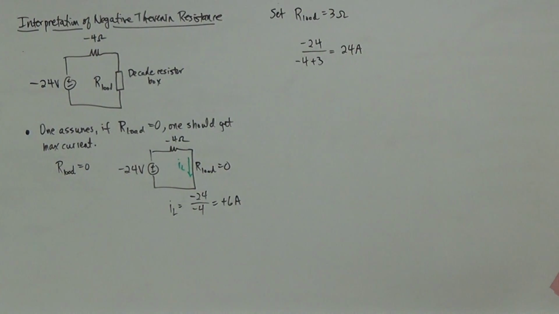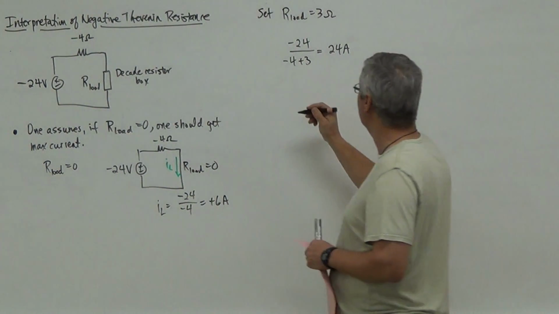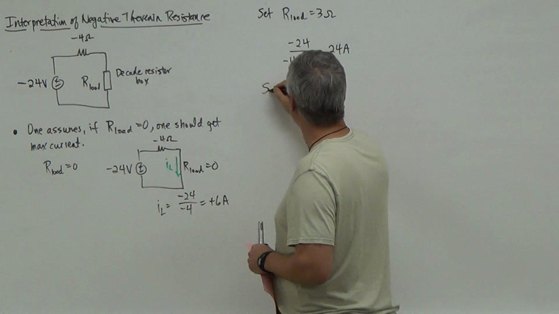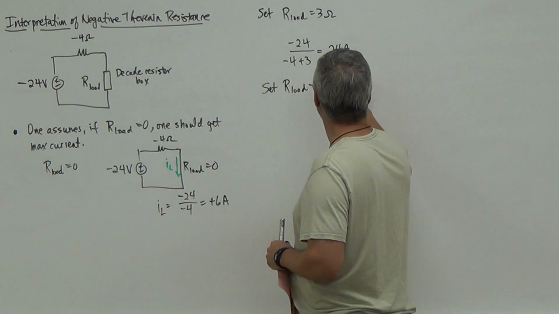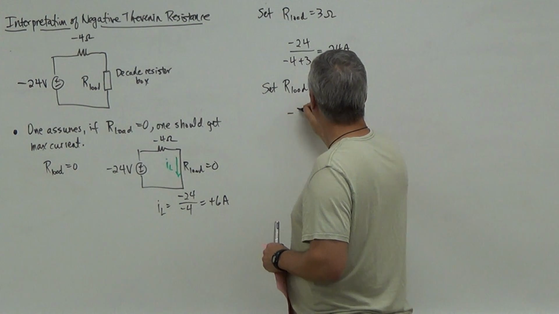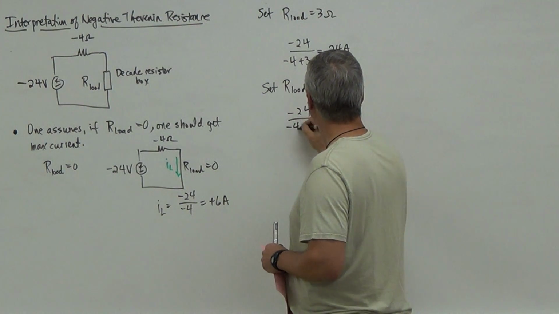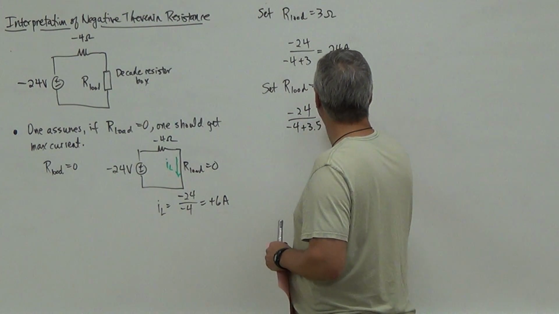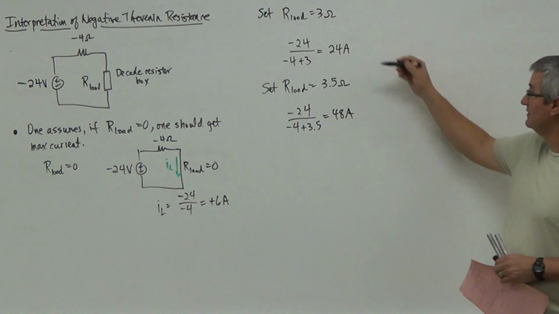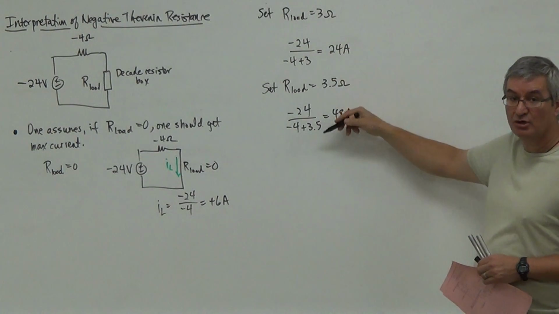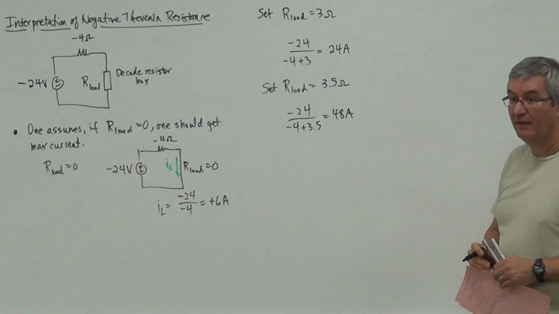Oh, it's getting larger. And if I now set R load to 3.5 ohms, in this scenario here, I'm going to get 48 amps. And you can see that this is obviously getting larger and larger and larger.